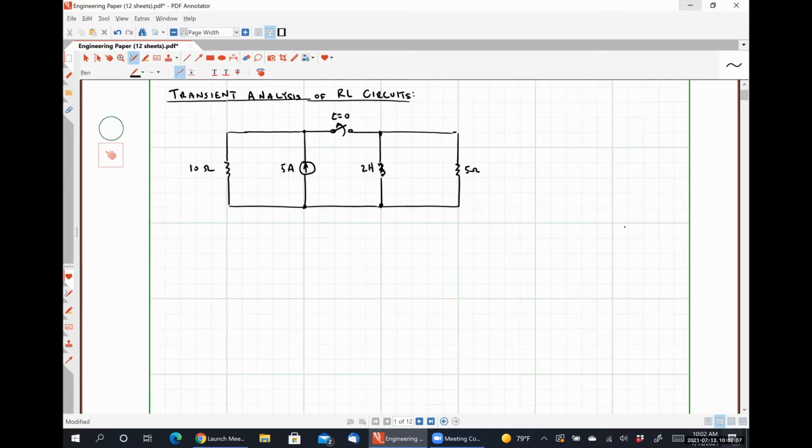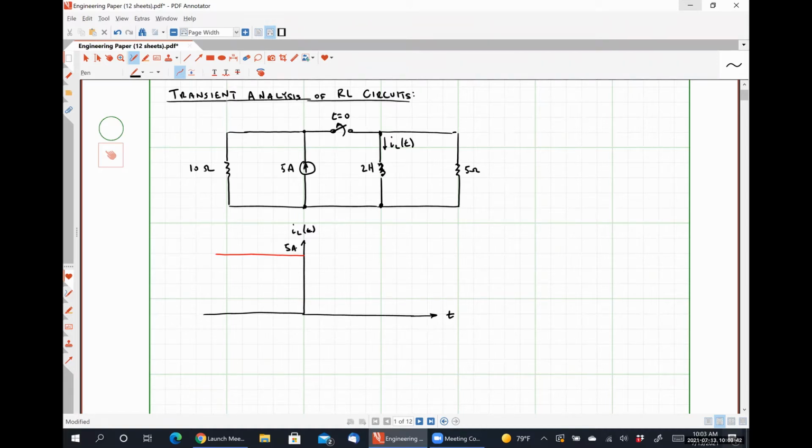So what I am saying is that if we plotted specifically our inductor current as a function of time, so here's IL of t, here is t, up until t is equal to 0, it should be trivial to determine that our inductor current has a constant value of 5 amps flowing through it, right?